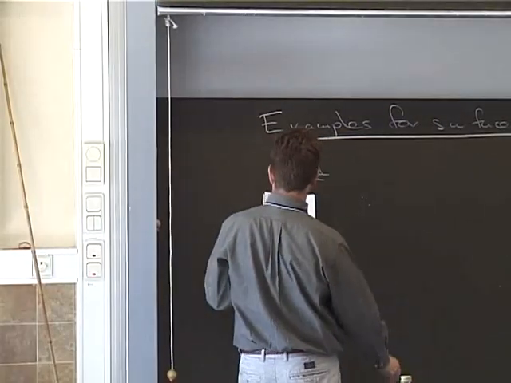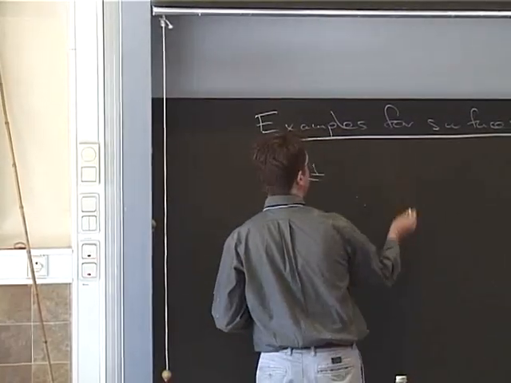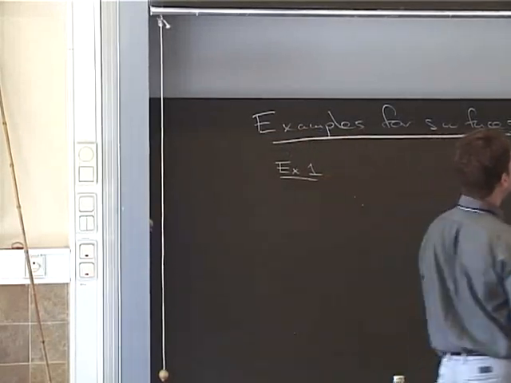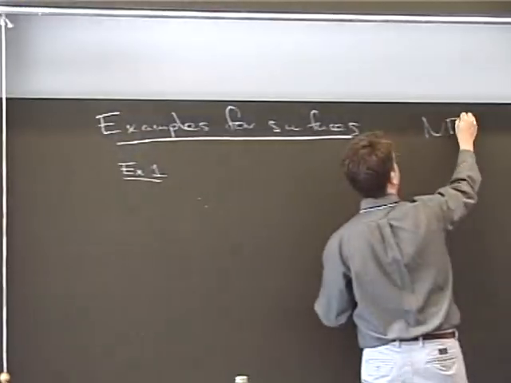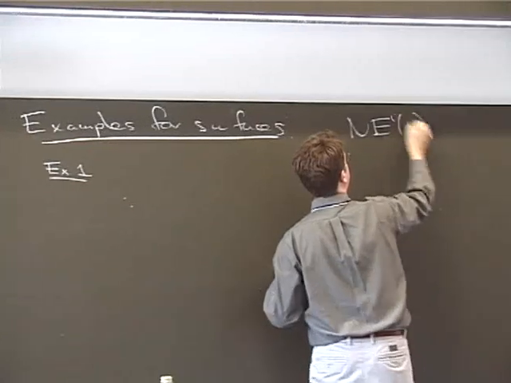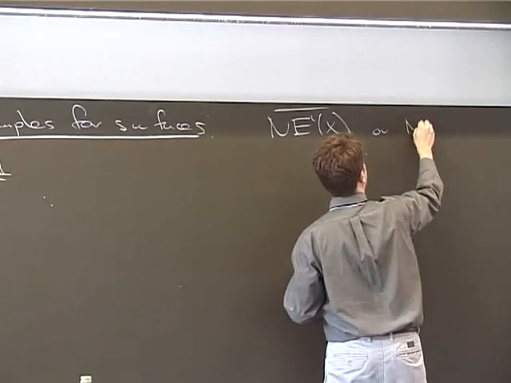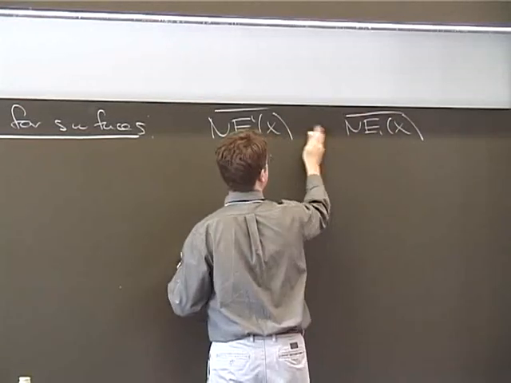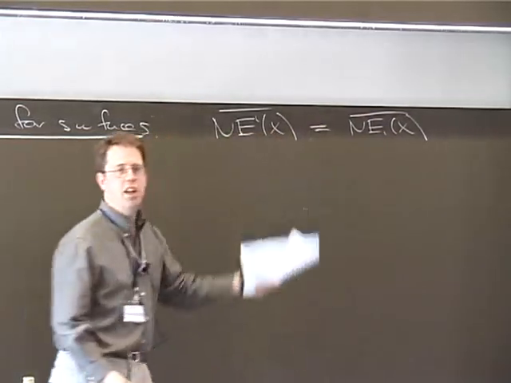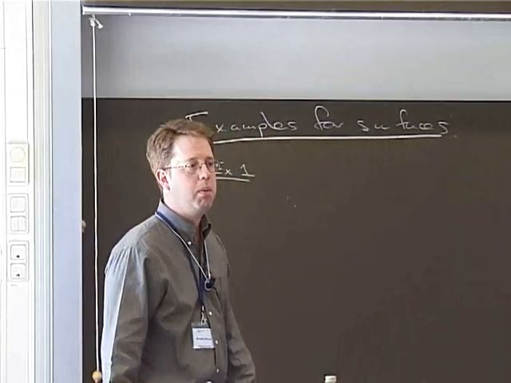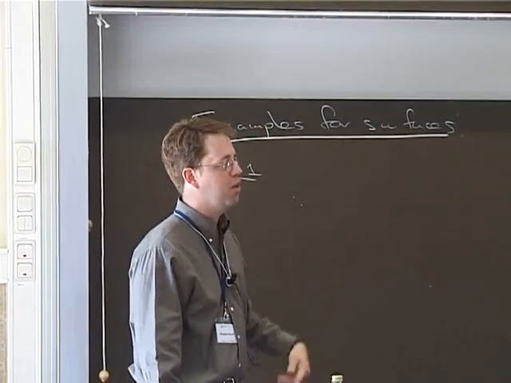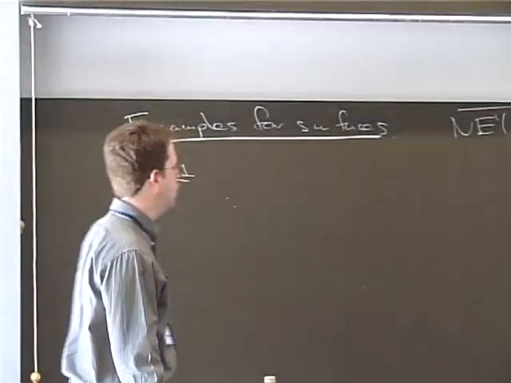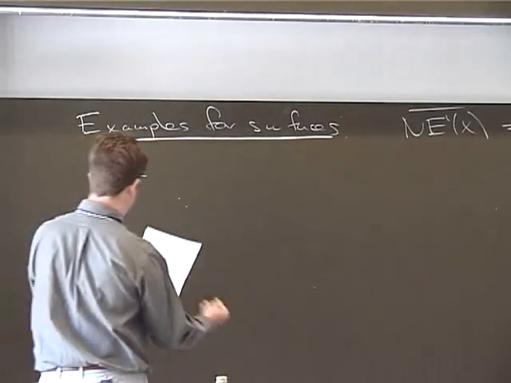So here, I'm computing either N1 of X. Well, these are equal for surfaces, right? And so I'm going to probably screw up and forget to put the subscript with a superscript. Hopefully, it won't be too bad.